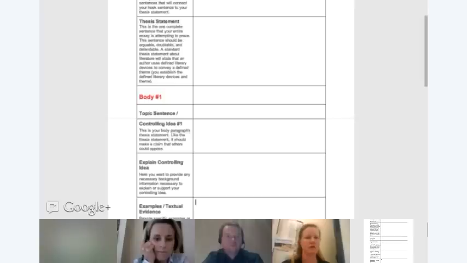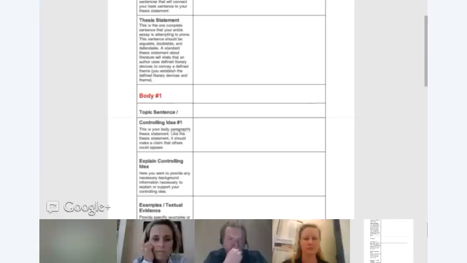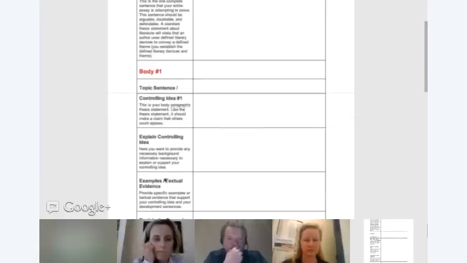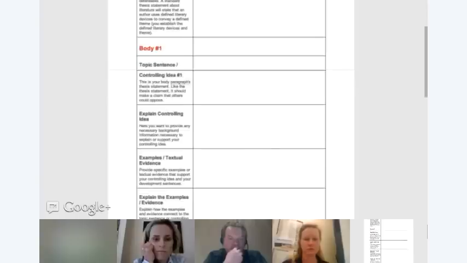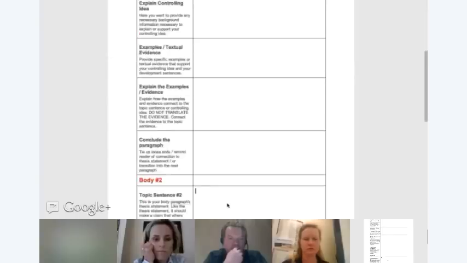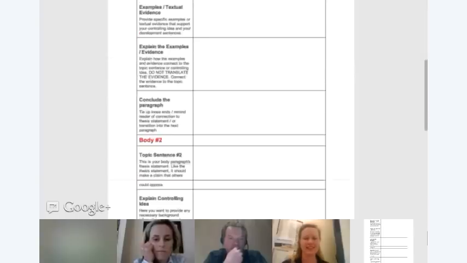And this is very formulaic, but for my students who are new to writing organized essays, they find that this is pretty helpful. And so that I ask for specific textual evidence and then explain what the evidence means and then conclude the paragraph, and then they move on to the next body paragraph. And I found that this is pretty helpful.